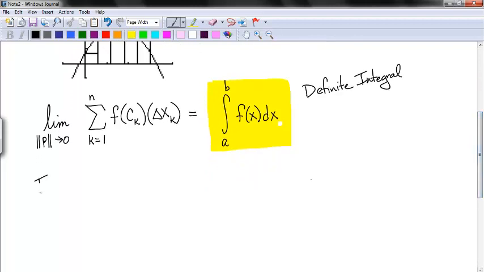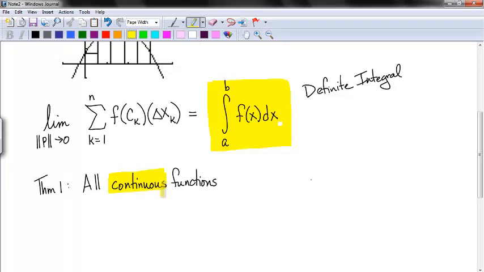The author goes through a theorem that says all continuous functions... You realize how long it's been since we talked about continuity? That was one of the first things we talked about.